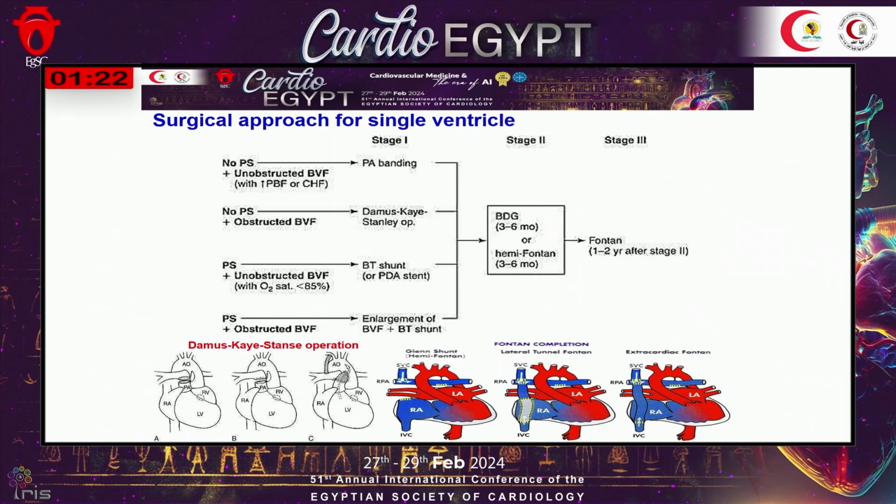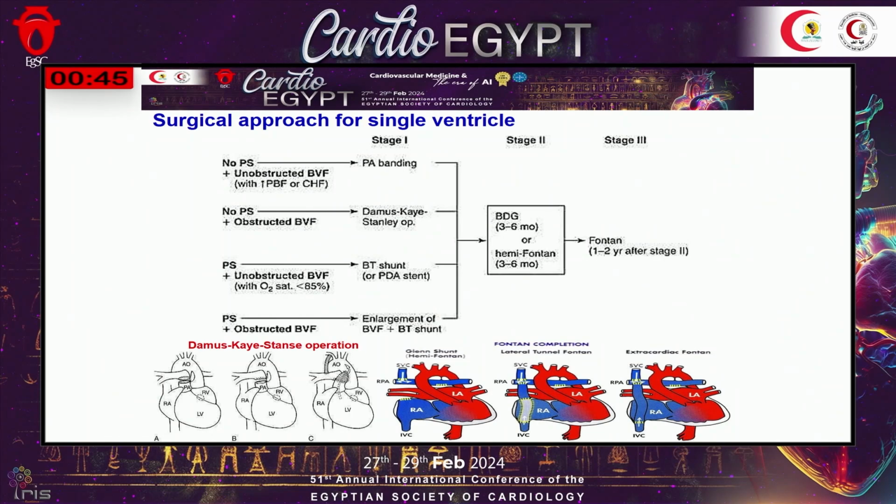According to the hemodynamics and the anatomical morphology, we can decide the surgical approach to the single ventricle. If we have no pulmonary stenosis and an unobstructed bulboventricular foramen, there is excess pulmonary blood flow and the baby may present with congestive heart failure. So we can do pulmonary artery banding early to prevent the early development of increased pulmonary vascular resistance.